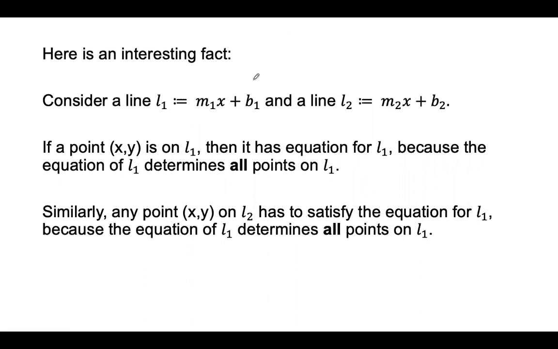Suppose we consider two lines, where line 1 is equal to m1 times x plus b1. This m1 is again the slope that we know, and we have our y-intercept.